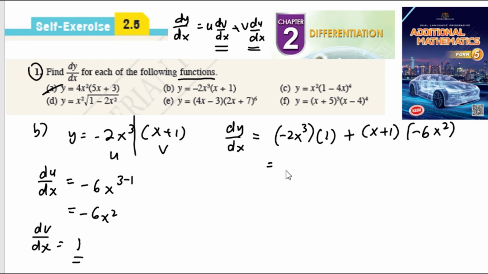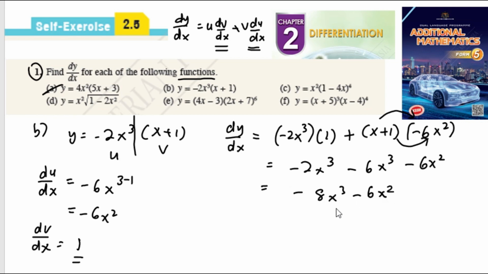When you multiply, x times negative 6x squared you get negative 6x cubed, and 1 times negative 6x squared you get negative 6x squared. So negative 2 and negative 6, you get negative 8x cubed minus 6x squared.